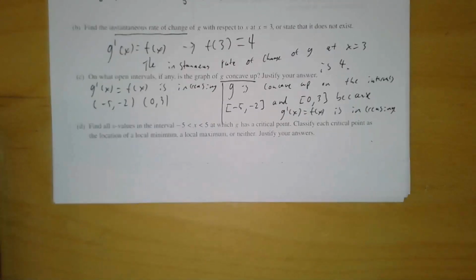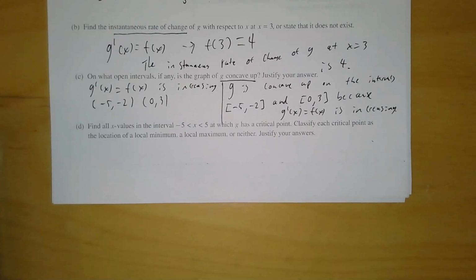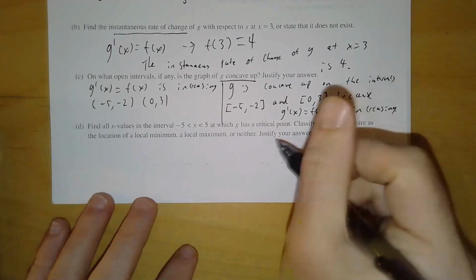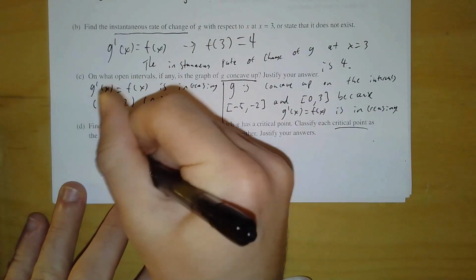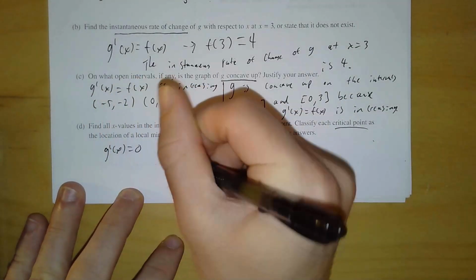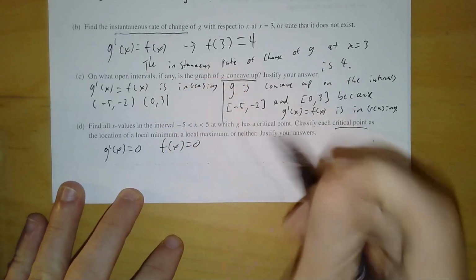Last one. Put all the x values in which g has a critical point, classify each critical point as a local min, local max, or neither. Justify your answer. So critical points happen, this is in the notes, when the derivative equals 0, which is just saying where does f of x equal 0? Okay, well, where does that happen?